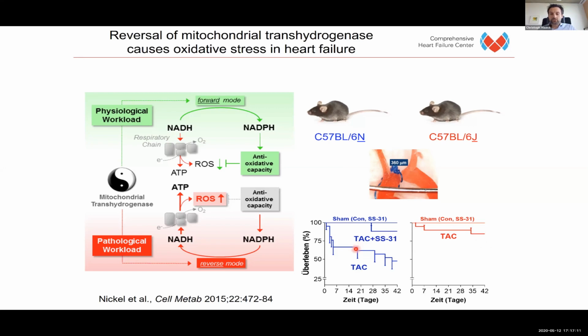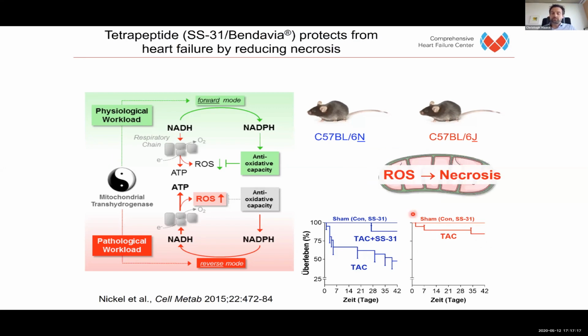And now to get a proof of concept that this difference has something to do with mitochondrial ROS, we looked at necrosis and found that in fact in the black 6N, but not in the black 6J mice, we found a lot of necrosis. I don't show this here.